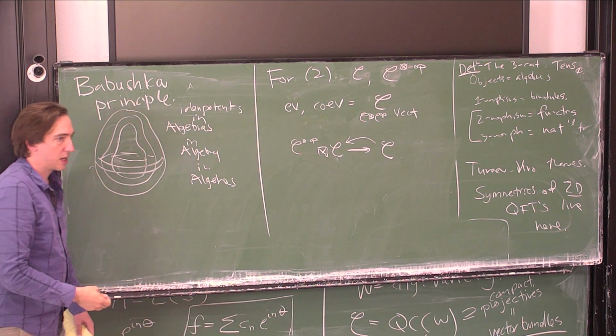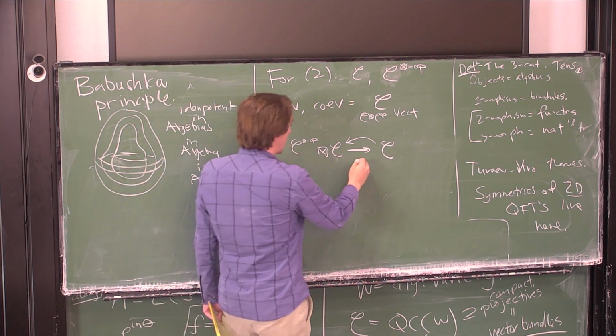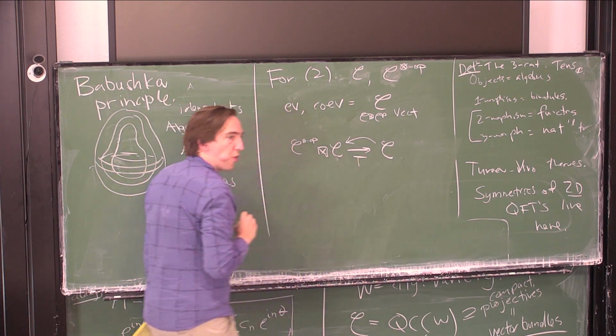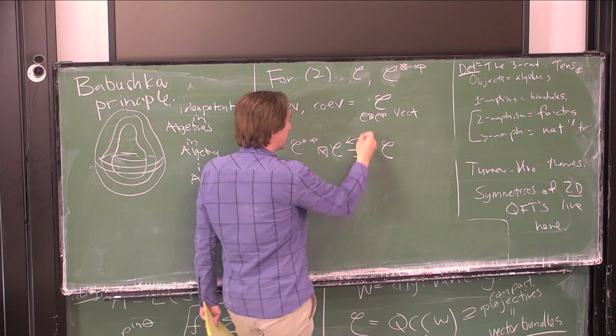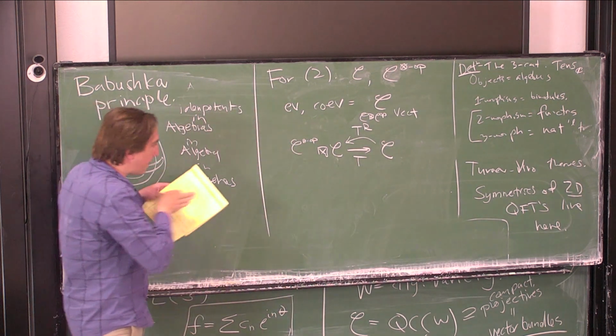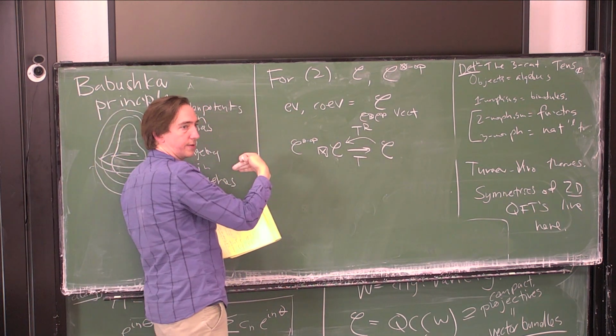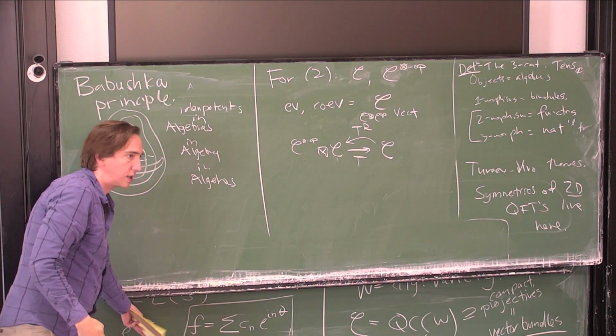But here's something really nice, and it goes back to this analogy with Hilbert spaces. I have this multiplication. Unlike in the case of algebras, I have nothing left to do because this thing already has a right adjoint. I'm working in a setup where every functor has a right adjoint. That's the point, just like in Hilbert spaces.